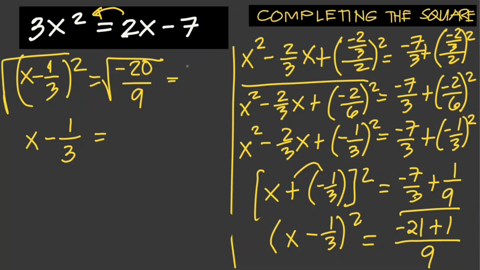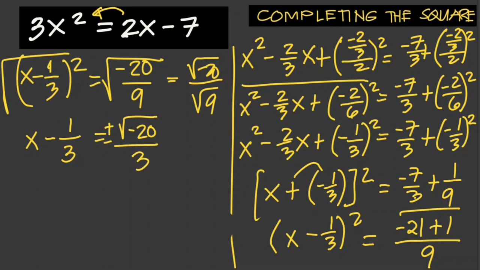Okay, this can be written as plus minus square root of negative 20 over square root of 9. So this would equal square root of negative 20 over 3, because square root of 9 is 3. And now we have a square root of a negative number, which would be equal to an imaginary number.